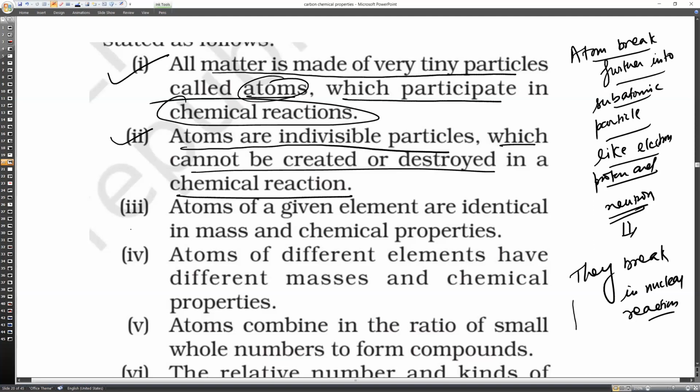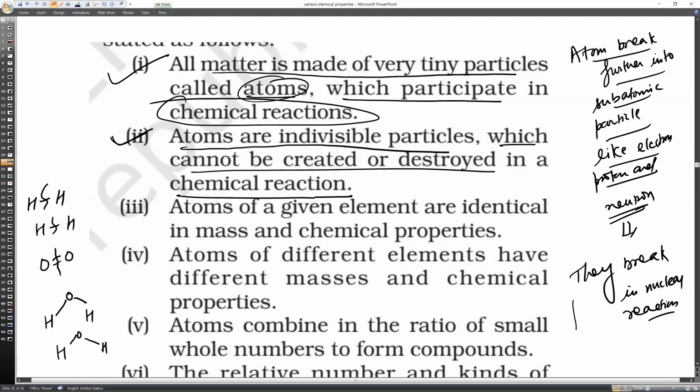The bonds are broken. For example, here we have 2 hydrogen molecules and 1 oxygen molecule. The bonds are breaking, and now the hydrogen and oxygen atoms combine to form 2 water molecules like this. So bonds are broken, atoms are not broken. This is also absolutely correct if we write the words chemical reactions.